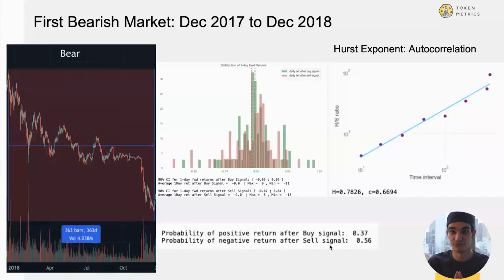So essentially, in this bearish environment, if I just follow a very simple strategy, if yesterday's return is negative, let's short today. The probability of me making money on that specific trade in this specific environment would have been 56%. So that's also showing that returns are autocorrelated, and then there's a clear trend.